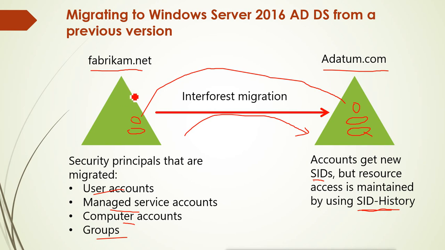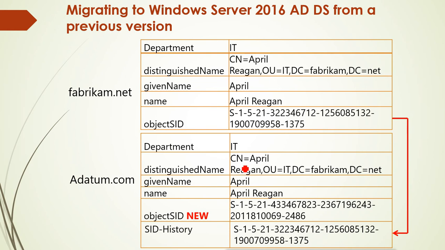This SID history we can see here. When the user was in this domain, this was the information about this user: the department, distinguished name, given name, name and the unique SID based on the domain name. These SIDs depend on the domain, and this is the unique SID for that particular user.